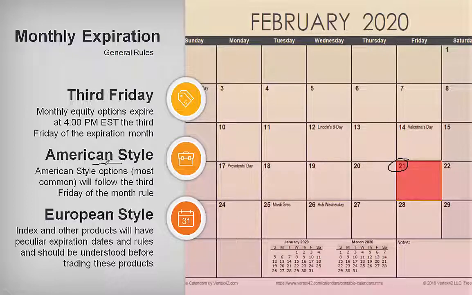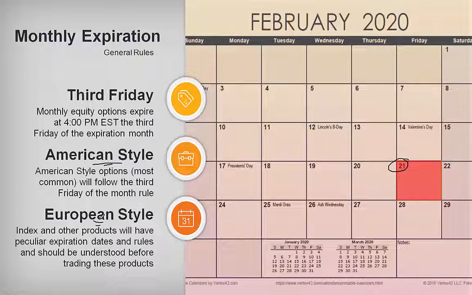But basically, if an option is in the money and you leave that option in your account and it is in the money at expiration, they deliver shares. There's an exercise or an assignment that takes place. European style options work differently. These cash settle. They also cannot be exercised early. And so there are some specifics with them that work a little differently.